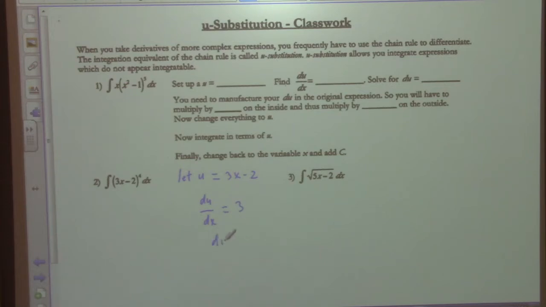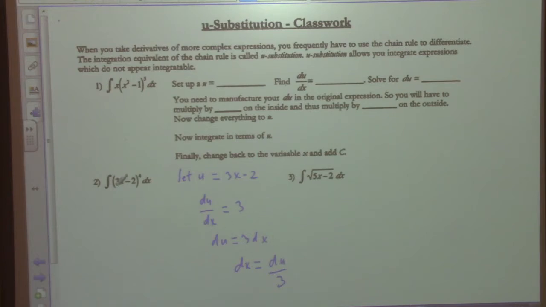So du is equal to 3 dx. And now what is dx going to be equal to? You divide by 3. Thank you, Gavin. Okay, so now we've done the preliminaries.